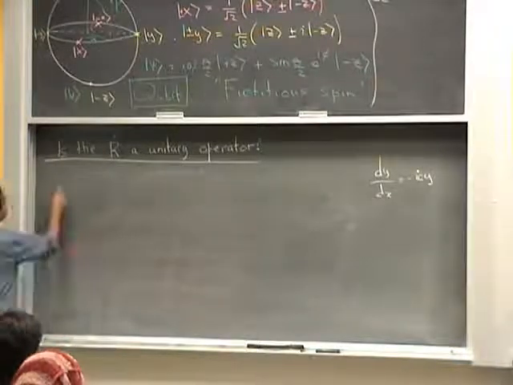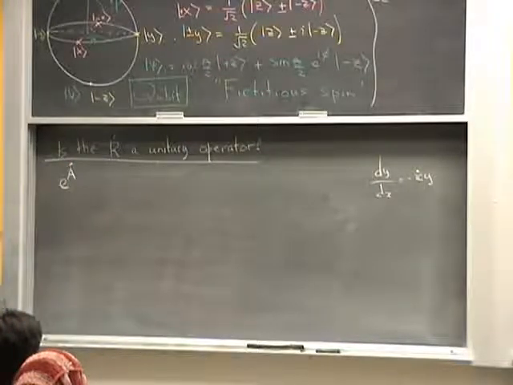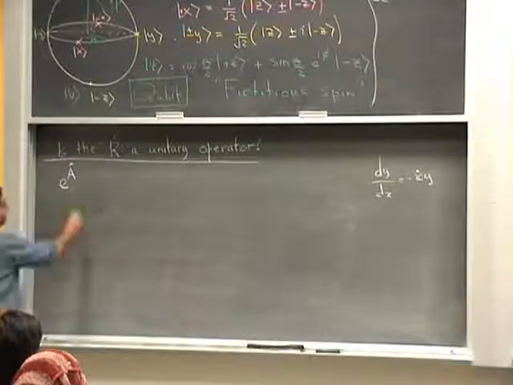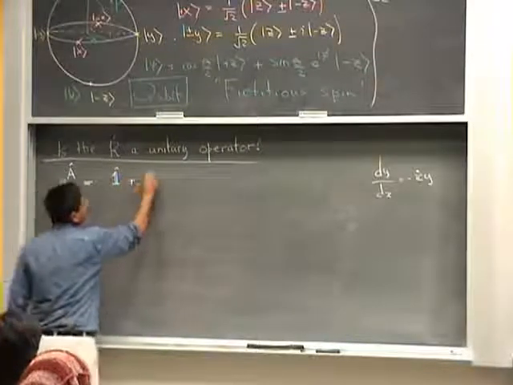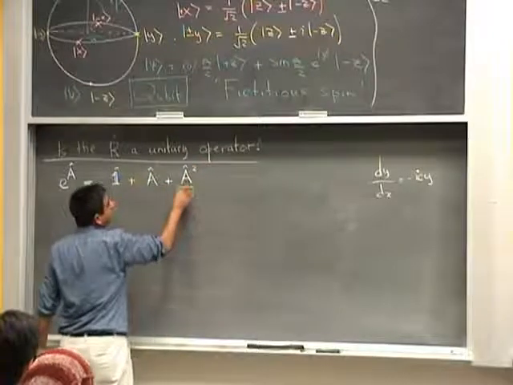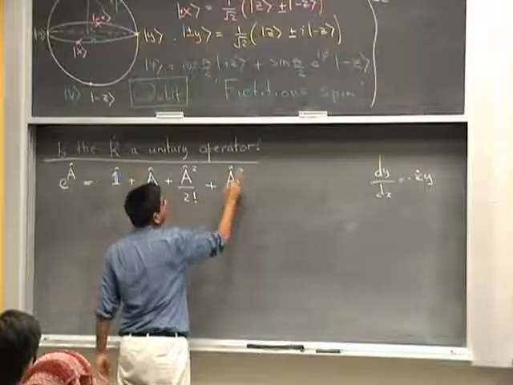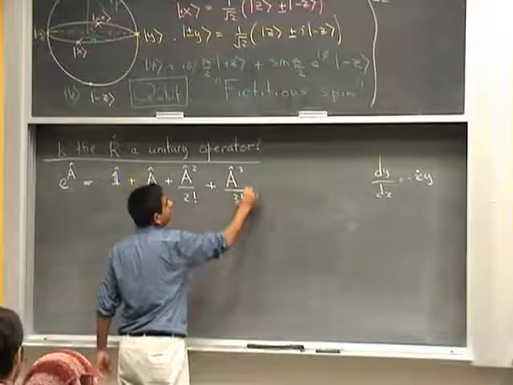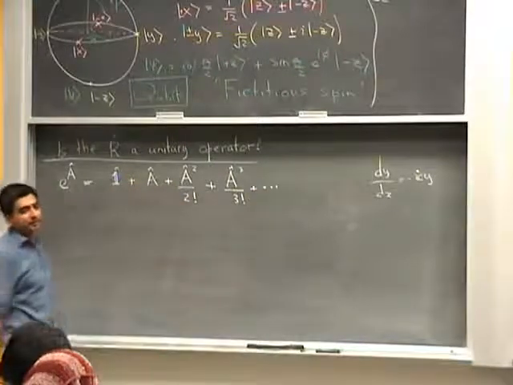Now the exponent of any operator, e raised to power a some operator, is defined as identity plus a plus a square over 2 factorial plus a cube over 3 factorial and so on. This is how we define the exponent of an operator.